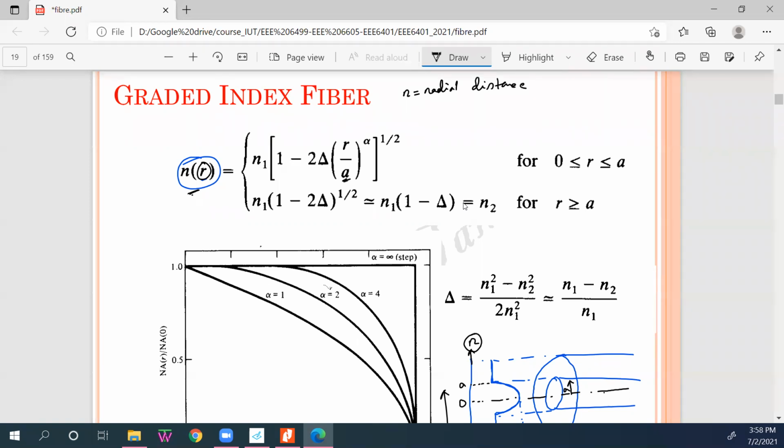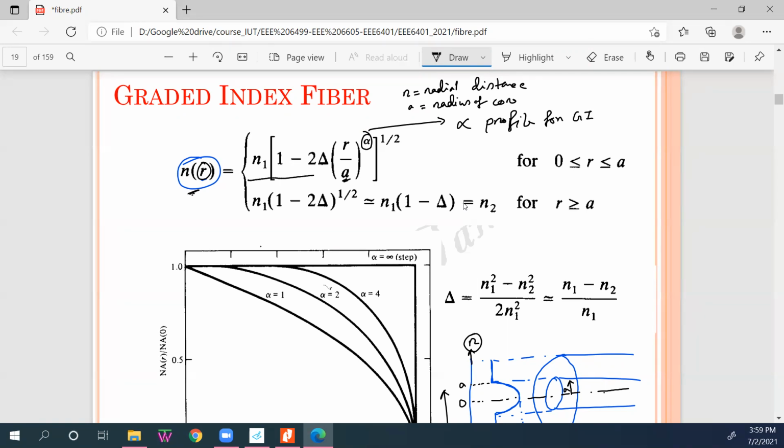What is a? a is the radius of the core. Here you see there is alpha. That's why this is called an alpha profile for graded index fiber.